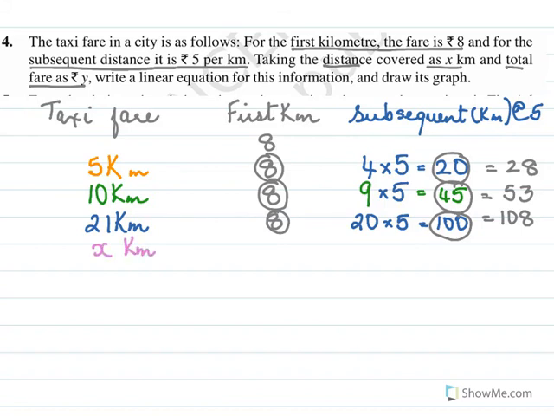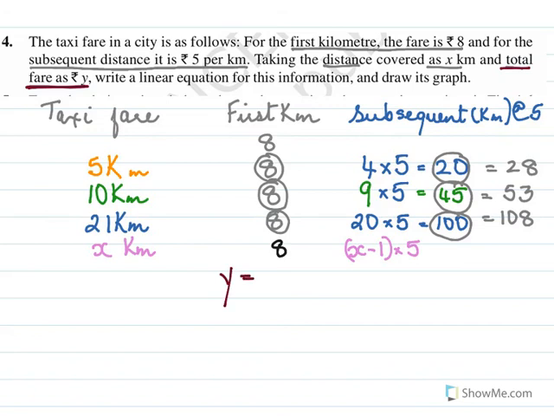For the first kilometer, you would have paid 8. Now how many kilometers are left to be paid? Remember, out of the x kilometers, 1 is already paid. So what is left is (x minus 1) into 5. So this would be your fare. This fare, which is y, they said the total fare has to be taken as y.